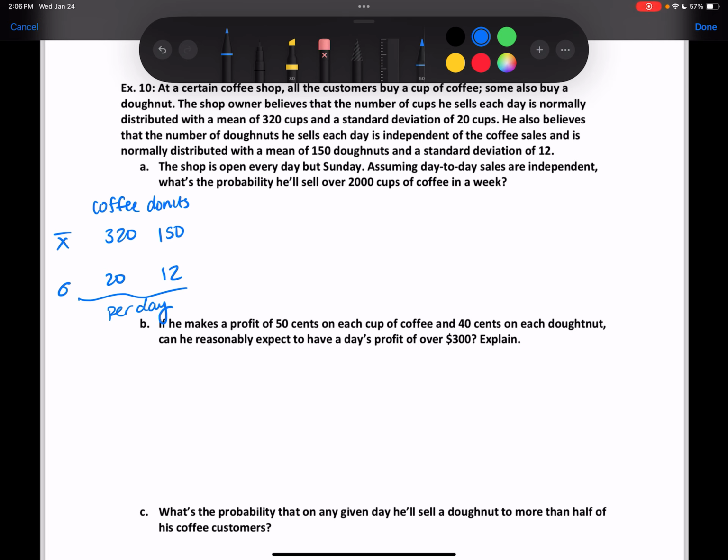So, what might I need to do to find the mean for the week? Multiply by 6. So that's going to be 320 times 6, which is 1920.